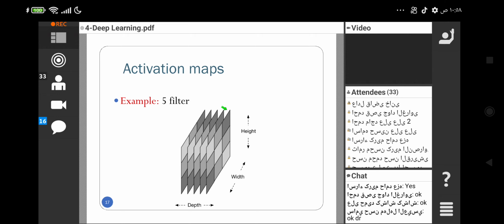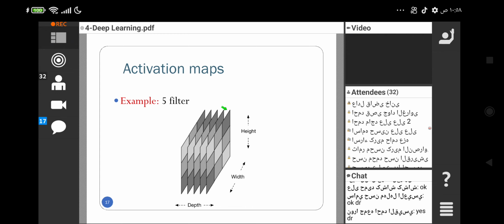In the neural network, learning was setting the weights. Now, in the CNN, in the convolution layer, what are the weights? What do we learn in the convolution layer? This is a very important question.